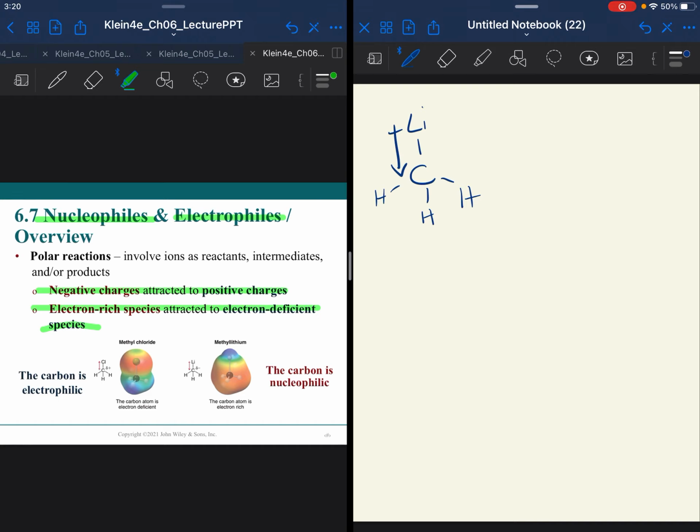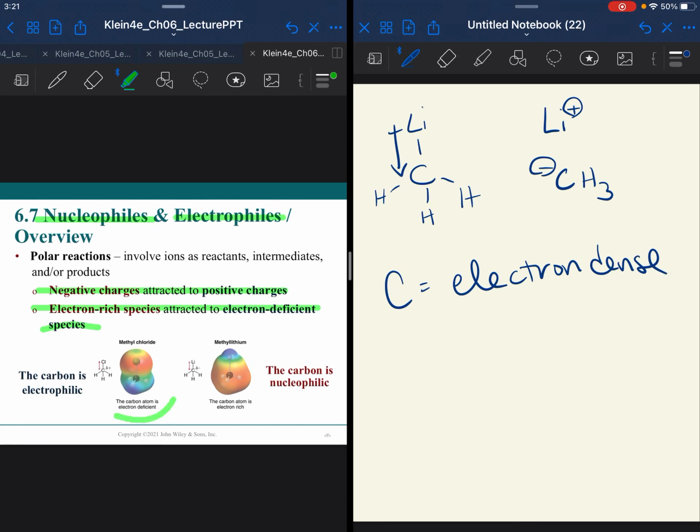Carbon is much more electronegative than lithium. So whether we draw it like this or like this, it doesn't matter, because the point is the carbon is electron dense, as opposed to what we saw in the last example.